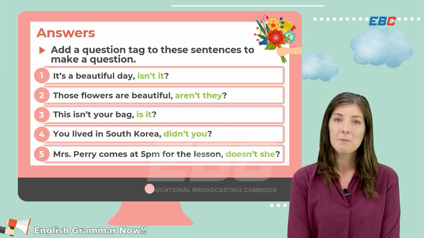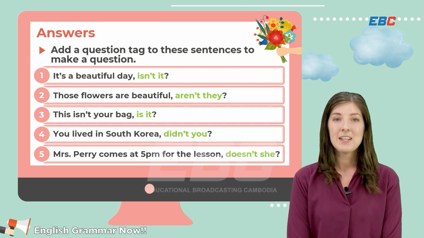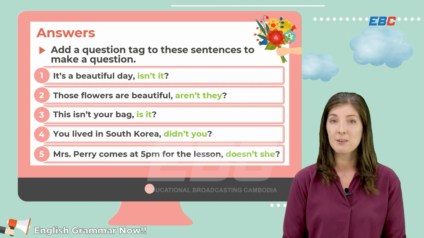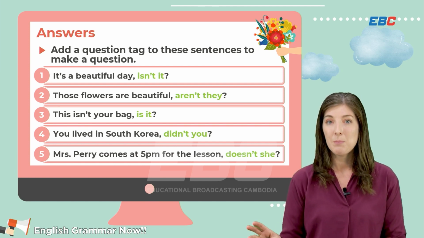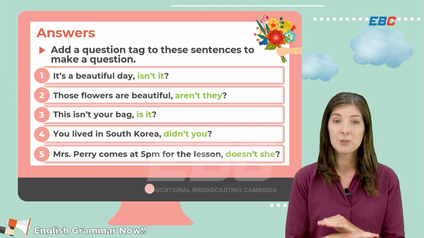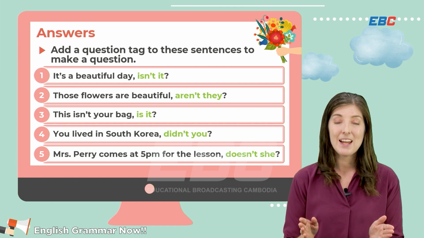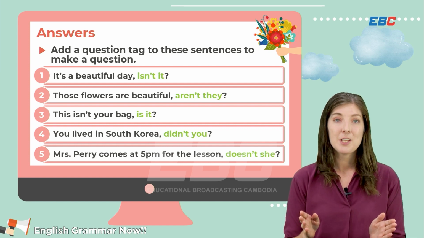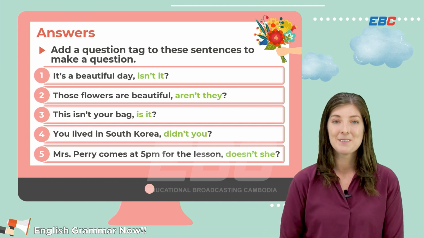Mrs. Perry comes at 5 p.m. for the lesson, doesn't she? Remember that if the statement has a positive verb, we use a negative verb in the question tag. But the opposite can also be true, like in number 3. The statement has a negative verb, isn't. So the question tag has the positive verb, is.